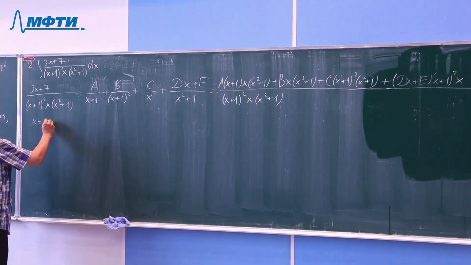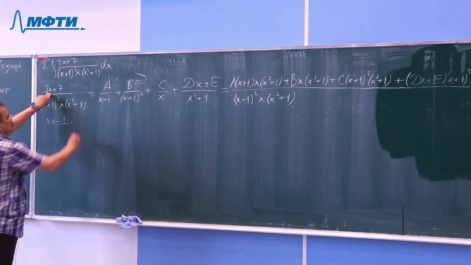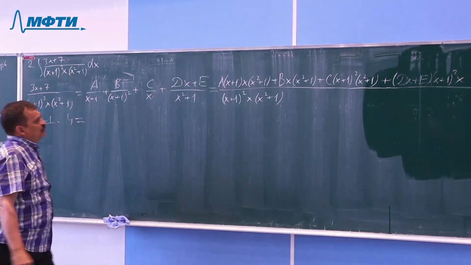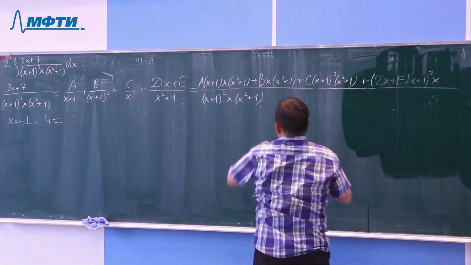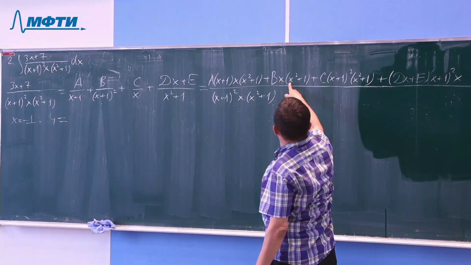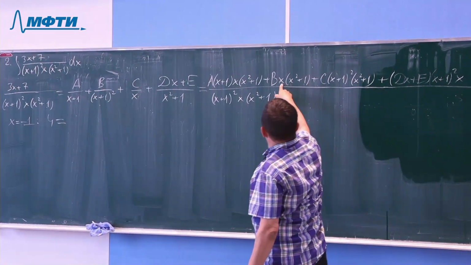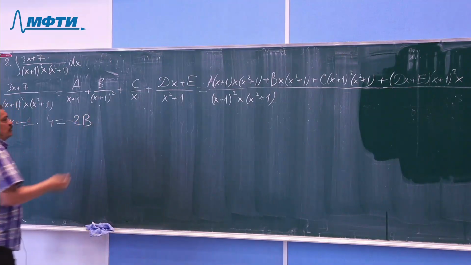So x equals to minus 1, what does it give? On the left-hand side, it gives 4. On the right-hand side, everywhere we have x plus 1 except for B. For B we have coefficient minus 2, so minus 2B.